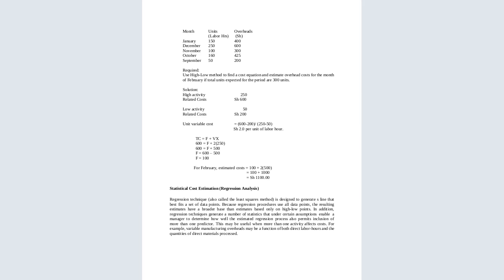So we use what we call the substitution method to find the value of F by inserting the value of the total cost, the V, and the total number of units.